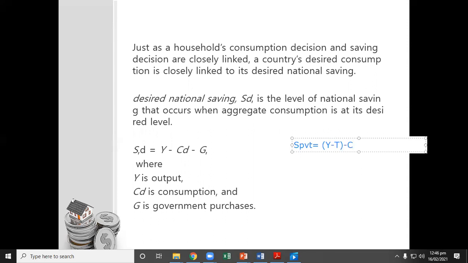If this is your income, you pay the tax, and after your consumption, whatever you have left is your saving. For public saving, government saving is equal to taxes minus government spending.